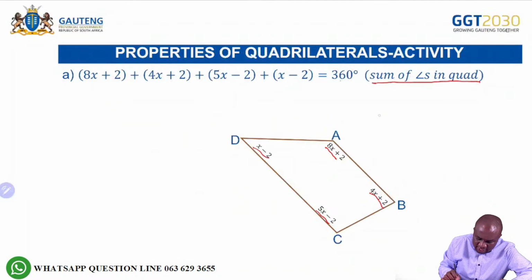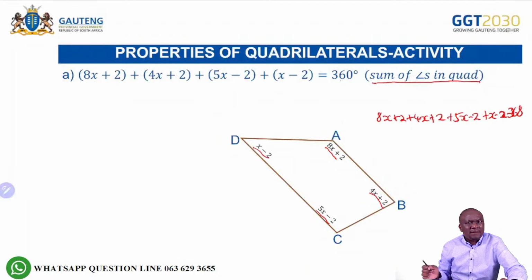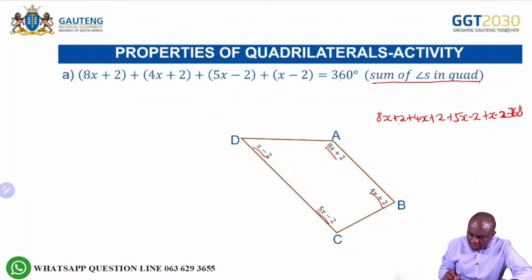So we're going to have 8x plus 2 plus 4x plus 2 plus 5x minus 2 plus x minus 2 is equal to 360 degrees. You see that we can have that even after removing the brackets. And then 2 plus 2 is 4, minus 2 is 2, minus 2 is 0.